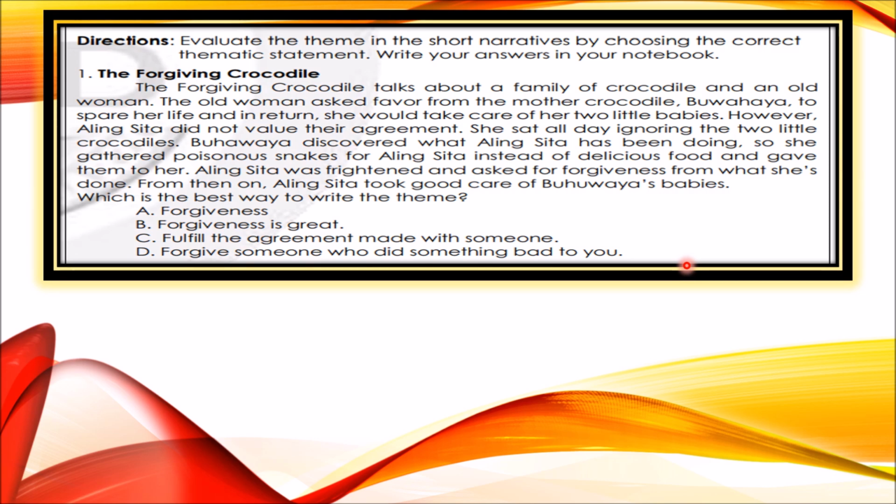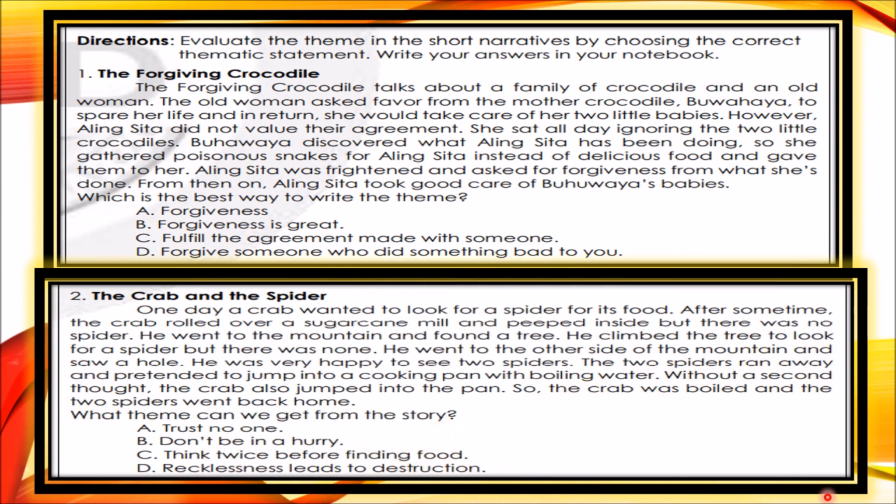As we all know, we have tips already about these thematic statements. So there are guidelines that you will follow. Okay, so in this question, what is the correct answer? Letter C. Good.